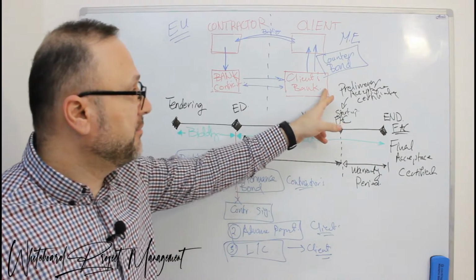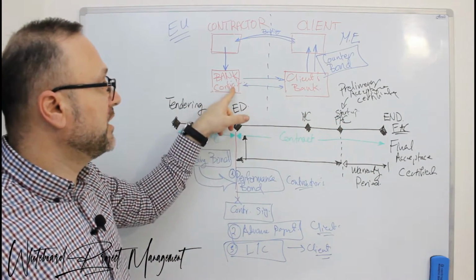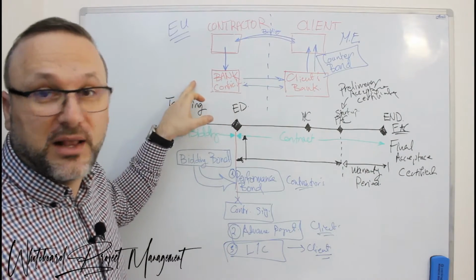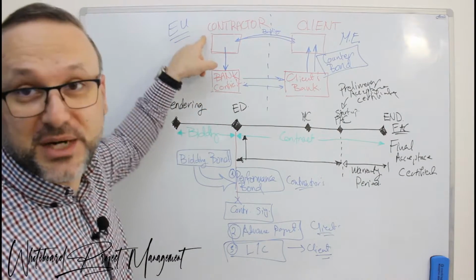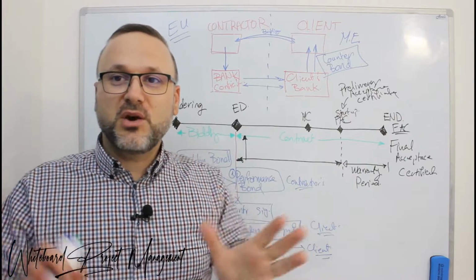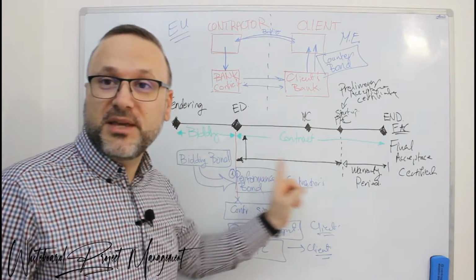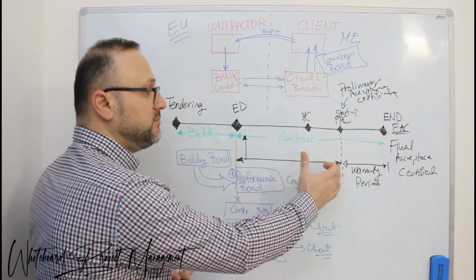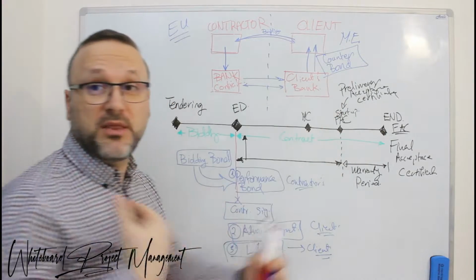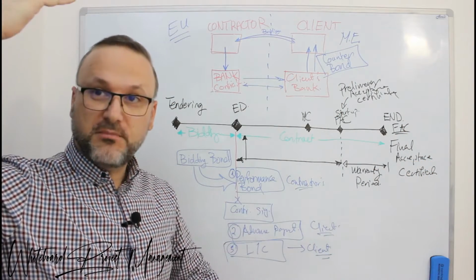to his bank, and the bank will claim it to the contractor's bank, and the contractor's bank will claim it back to the contractor. So this is the whole story of the performance bond. From the beginning, you have a commitment to complete the work, and the work is huge, so the amount is huge.